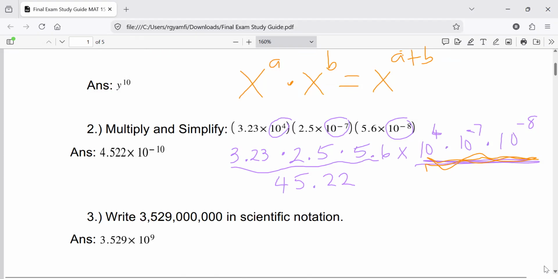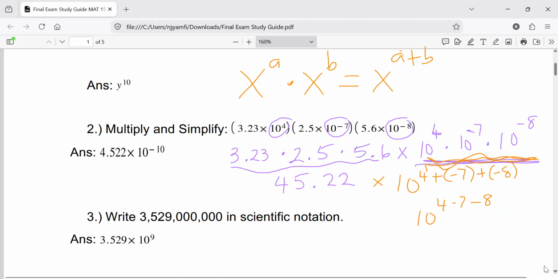So with these three exponents, we're multiplying them, which means we're going to add the powers on top. So times 10 to the power 4 plus -7 plus -8. We're adding all of them. So I have 4 minus 7 minus 8. 4 minus 7 is negative 3.